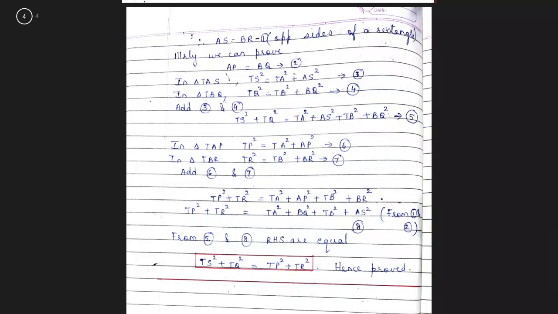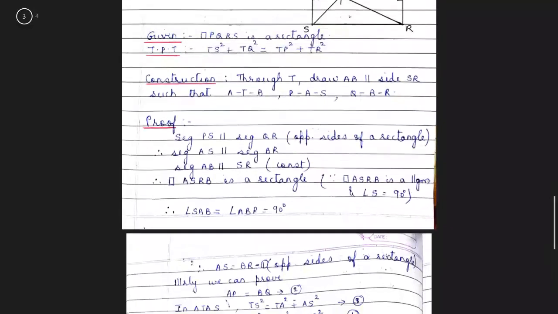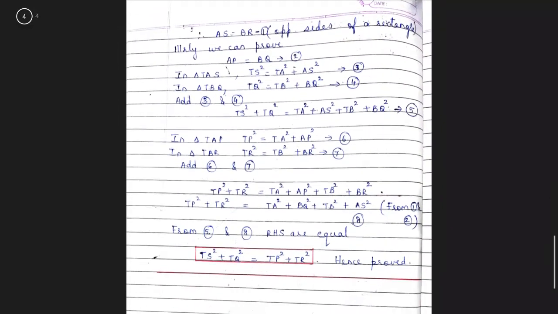Add them up. TP square plus TR square is equal to, all that on the right hand side you will add up. Now what we are going to do is, when you look at equation number 1 and 2, what do you get? In place of AS, we can substitute BR, right?